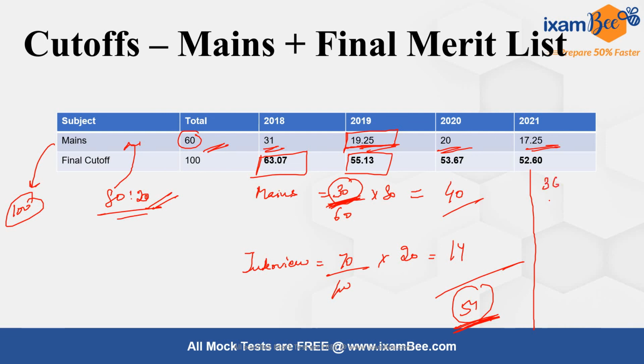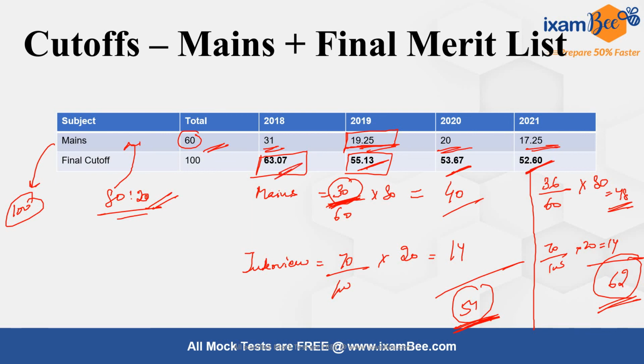Let's say you have scored 36 marks out of 60. Converting it into a weightage of 80, this will be 48 marks. And in the interview, again, you scored an average of 70 out of 100, which will be equal to 14 marks. Now your score is 62. So see here, with this score of 62, you would have cleared this cutoff, or this cutoff, but not this one yet.